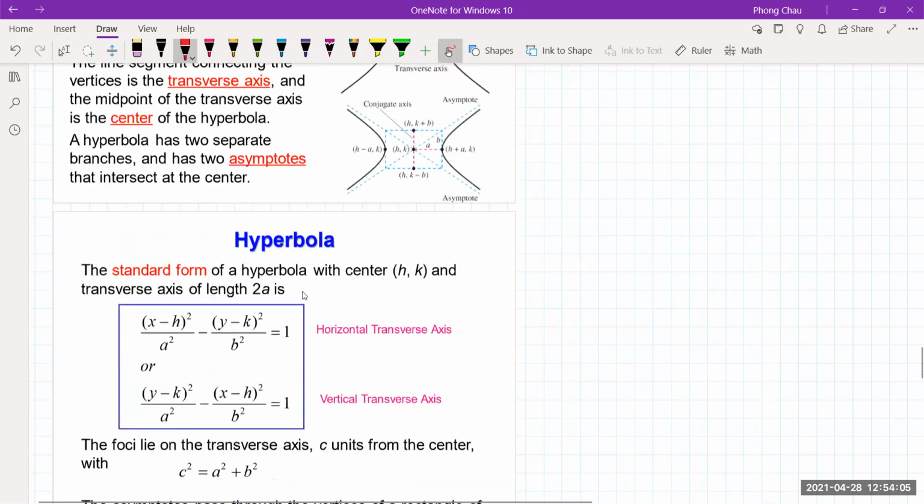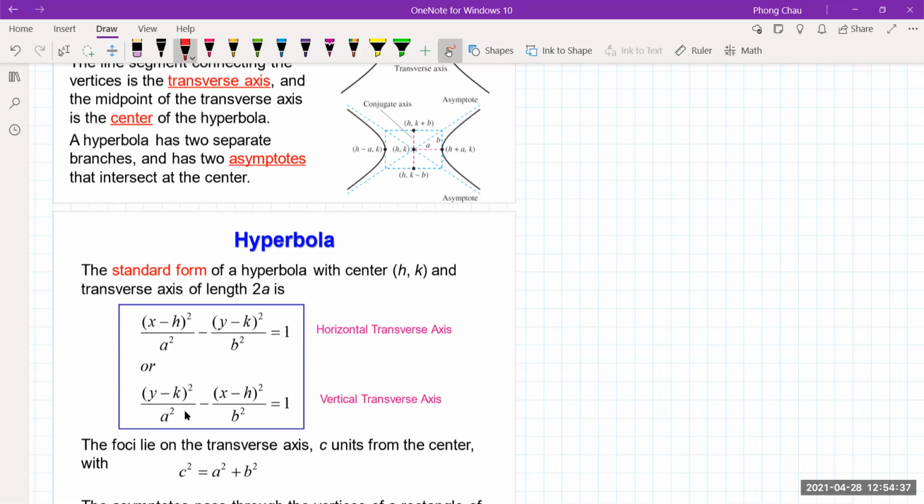The standard form of a hyperbola with center (h, k) and transverse axis of length 2A is these two formulas. And look at these two formulas. Well, what's the difference? Comparing with formula 1 for the ellipse, we have the minus sign instead of the plus sign. That's one difference.